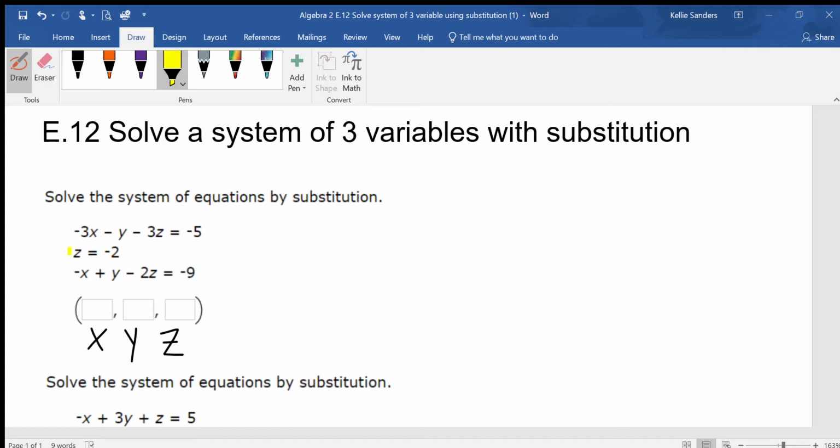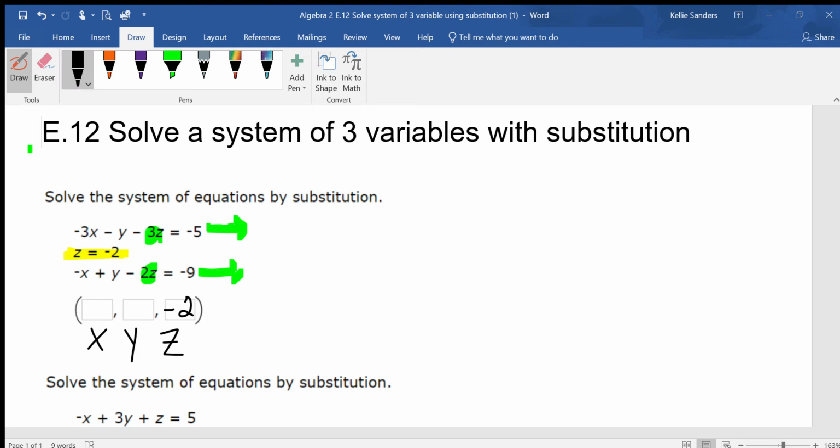Now, sometimes they're going to be really nice and help us out and tell us one of the numbers, which is great. So we already know one of the 3 answers, which is -2. What we're going to do with that -2 is put it into both z's.